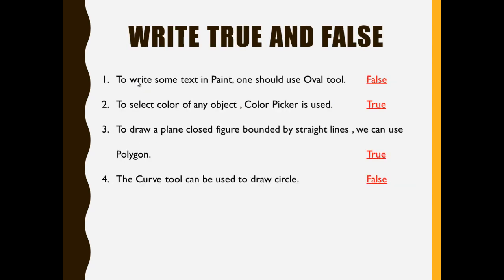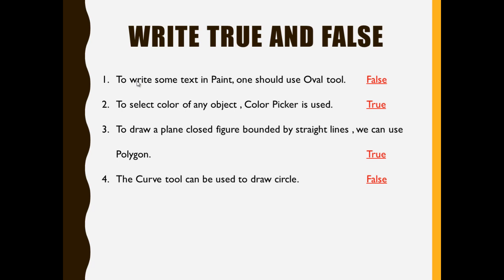Write true or false. Option number 1. To write some text in Paint, one should use oval tool. It is a false sentence. Second, to select color of any object, color picker is used.